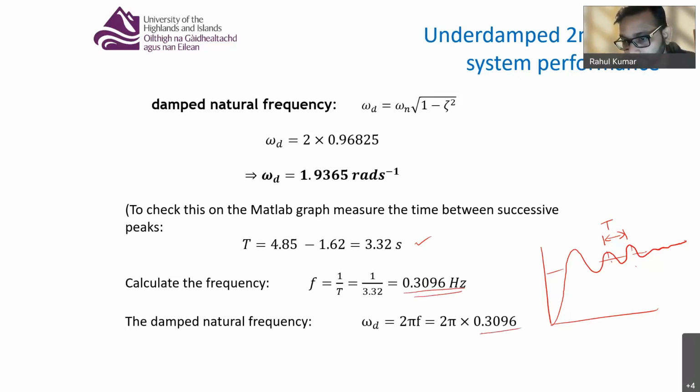So upon this calculation from the graph, or from the response of the system, it comes out to be 1.95, quite close to the calculated value. So again, if you are given the transfer function, you can calculate all those values, or if you are given the response, the graph of your output, again you can calculate all these values from the graph also.